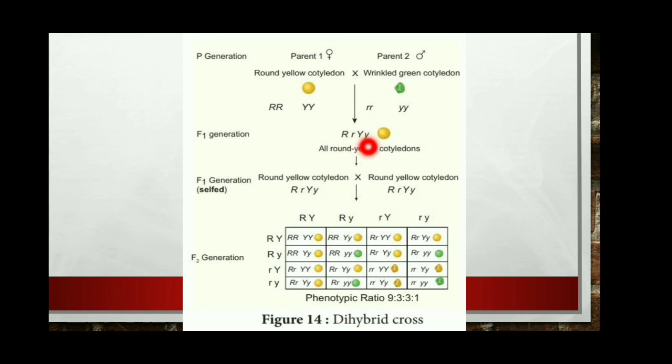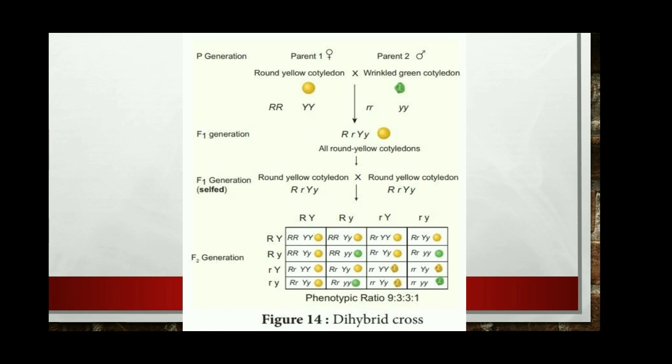During gamete formation, capital R was separated from small r, and capital Y was separated from small y, and they form different gametes.